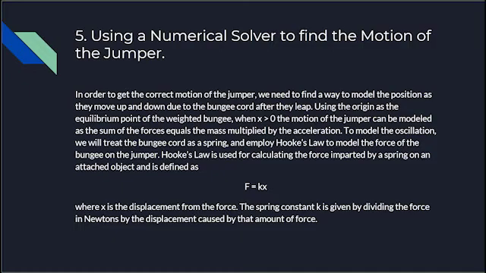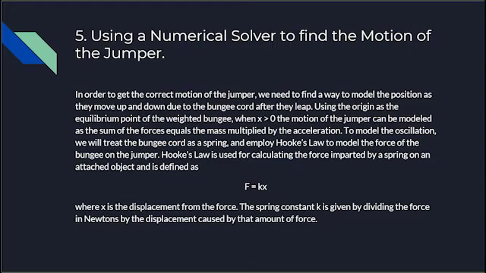The calculations involved in finding the true value for beta are rather complicated and beyond the scope of our understanding, so we will use a calculated constant. And the force we will get is F gravity minus kx minus beta v equal to F net, where negative kx is the force of the bungee on the jumper and beta v is the force of the wind resistance.